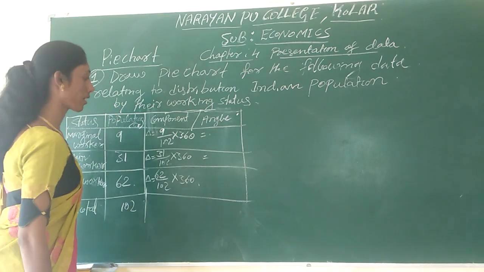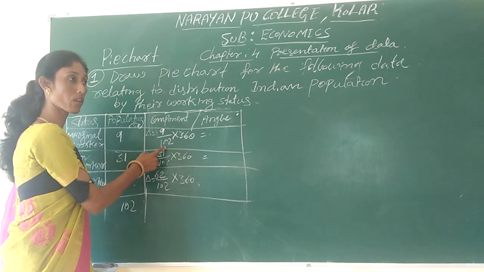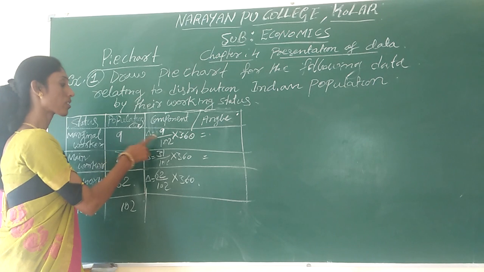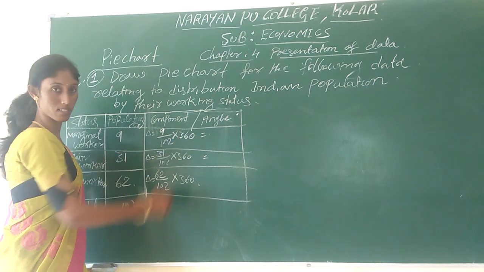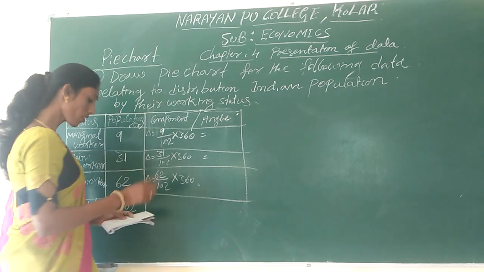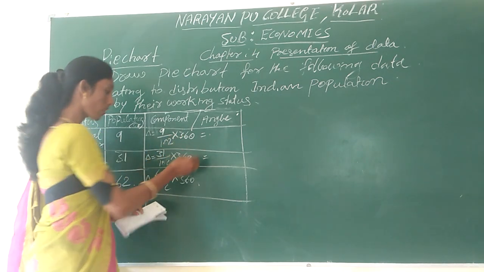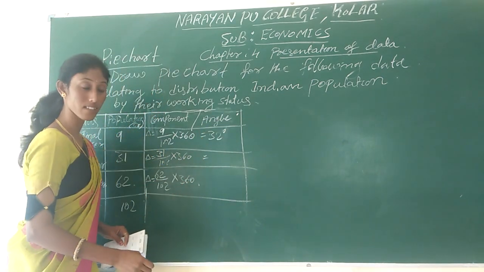We need to find out. You know, right? The formula is individual value divided by total value. In place of the individual value, I have written 9. The total value of all this data is 102, into 360. Here, by applying those values to the formula, we got 32 degrees as the first angle size.